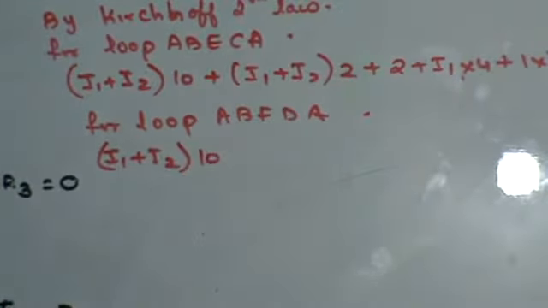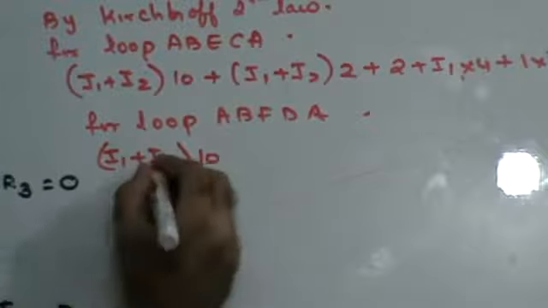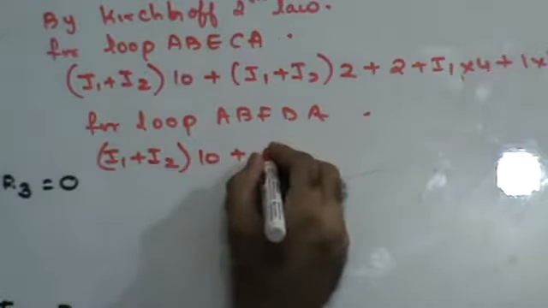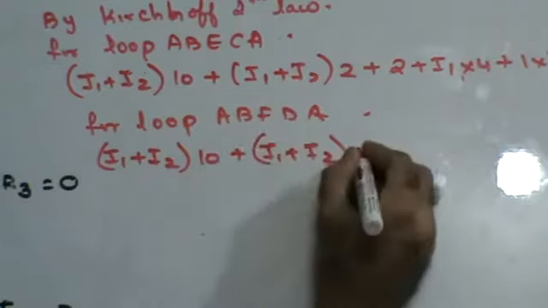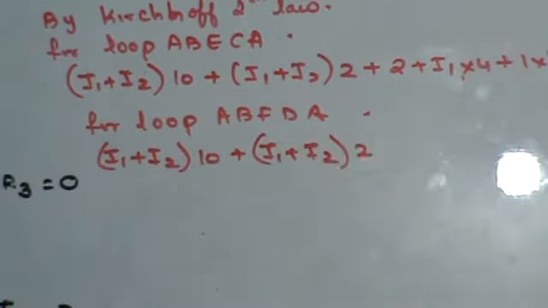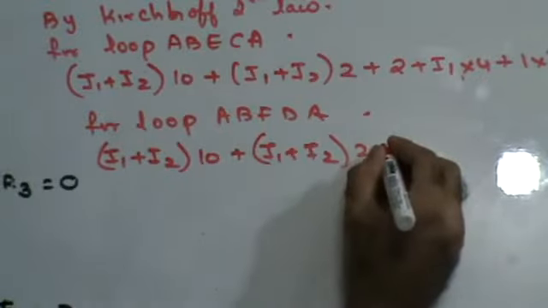For internal resistance also the current will be positive. So this will be I1 plus I2 into 2, right? I am tracing the loop from A to B. EMF is sending current in the direction from A to B, so this will be treated as positive.